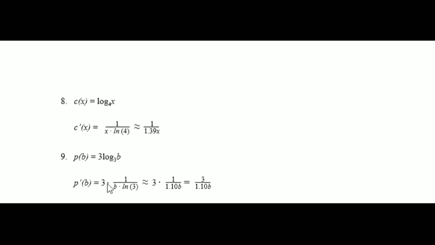So you have 3 times 1 here, and the natural log of 3 is approximately 1.10. Again, we bring the b to the end, but you can leave it in front if you want. To simplify all of that, it's 3 times 1, which is 3, divided by 1.10b. And that's all there is to it.